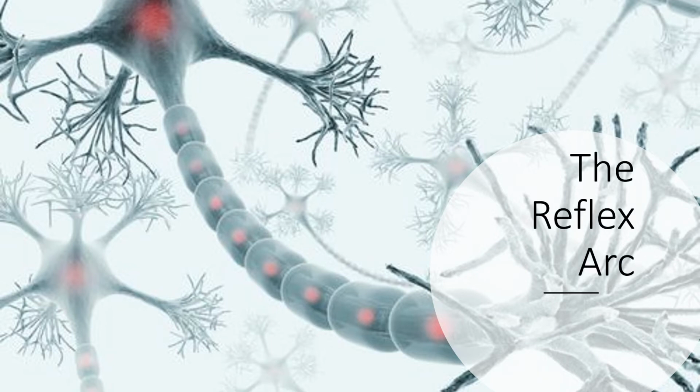Right. So we are going to talk about the reflex arc for this portion. Now, the reflex arc is quite a simple mechanism, and yet a lot of people don't really understand how it works and how significant it is when you are testing something.